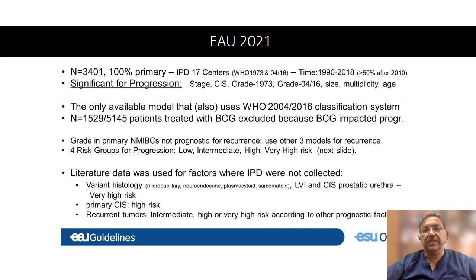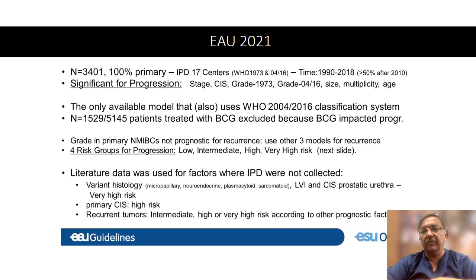One addition in this latest risk calculator is a new risk group, very high risk. Initially we had low risk, intermediate risk, and high risk, and now there is an addition of a very high risk non-muscle invasive bladder cancer.